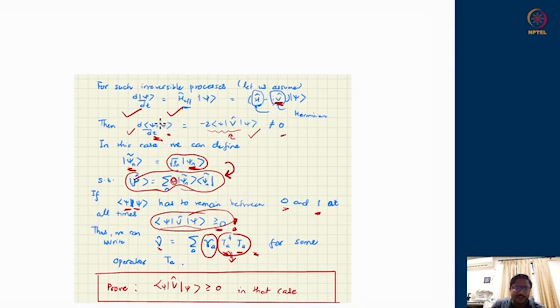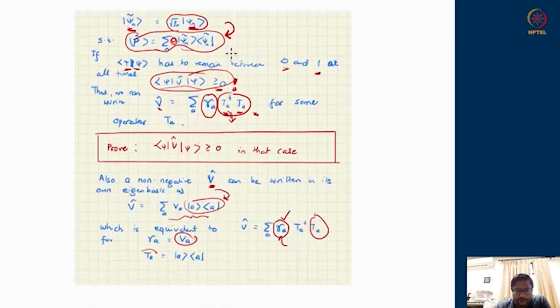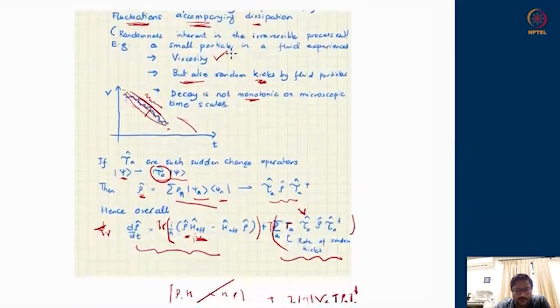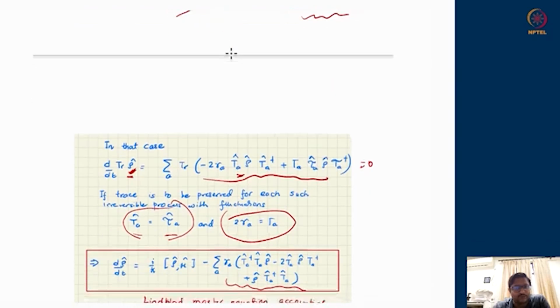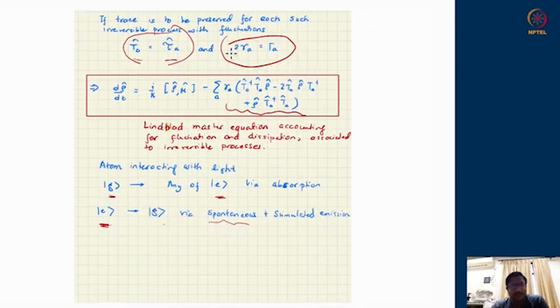It is true for non-relativistic systems only, because for relativistic systems, the usage of psi outer product and psi inner product as a total probability itself is in question, because as we remember, in relativistic cases, the probability density itself did not have a well-defined meaning. So how to take whatever we have done for non-relativistic quantum systems to a relativistic setting is the next topic which we will discuss in the next class. Okay, so I stop here.